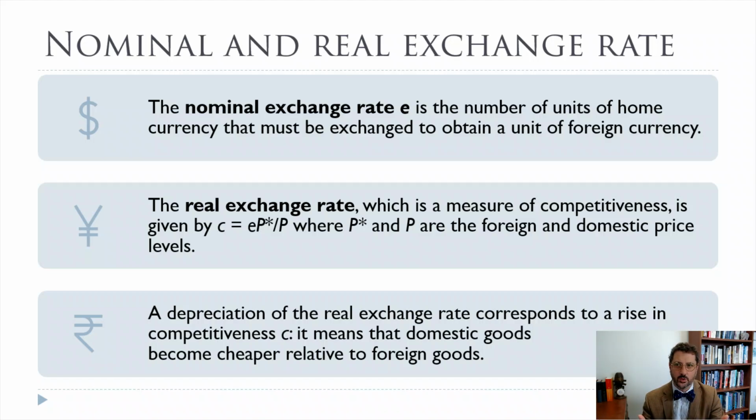Oddly, the one exchange rate that is often reported this way is the euro exchange rate, which is often dollars per euro. I don't understand why they aren't always consistent. But keep in mind that to convert our nominal exchange rate, which we call E, to our real exchange rate, we have to multiply it by the ratio of the foreign price level, like the foreign CPI, to the domestic price level, the domestic CPI.